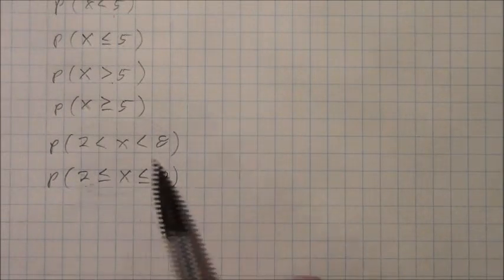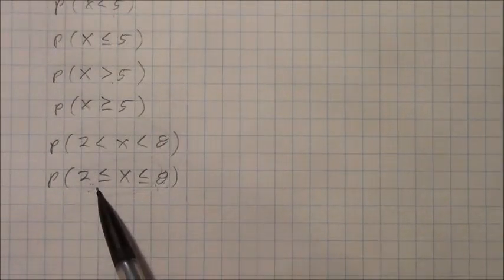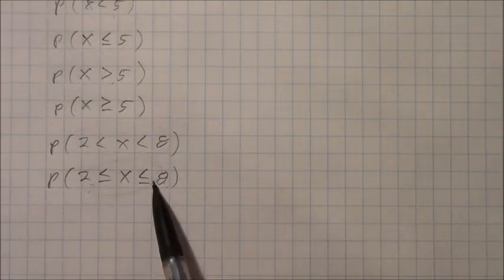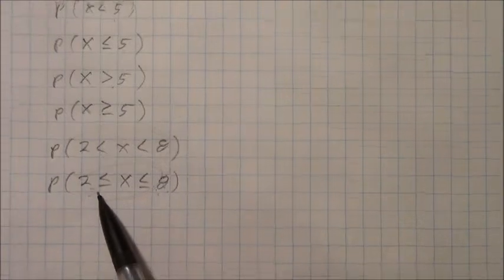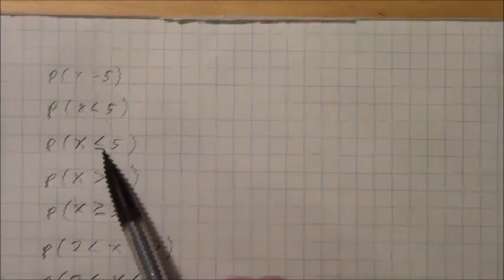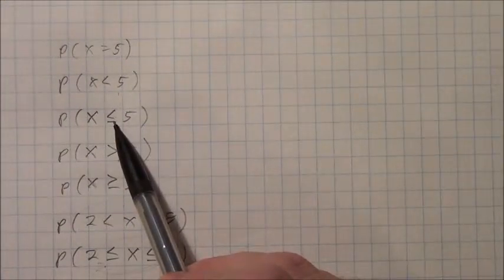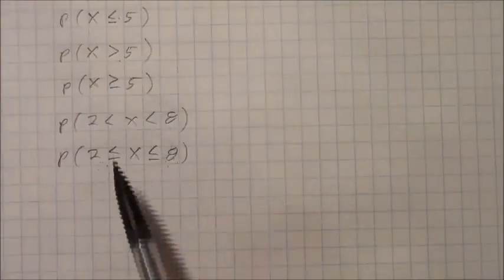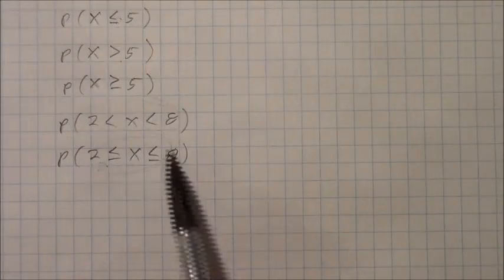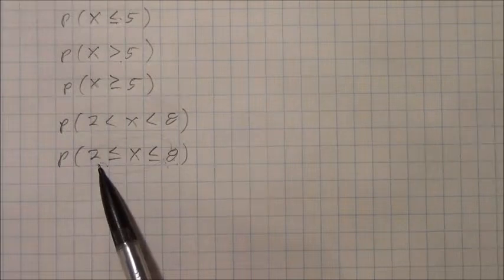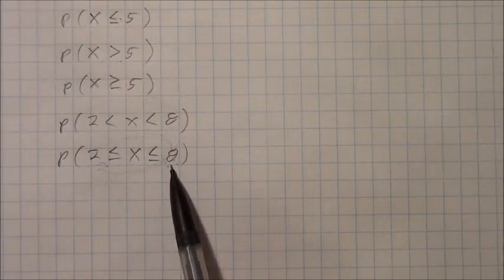Sorry about that. With the equal signs, this means that x is at least 2, but no more than 8. Just like up here, where x was at least 5 and could be greater, this means that x is at least 2, but no more than 8.